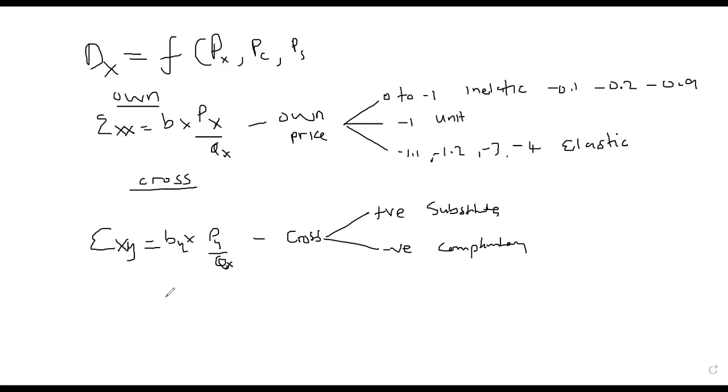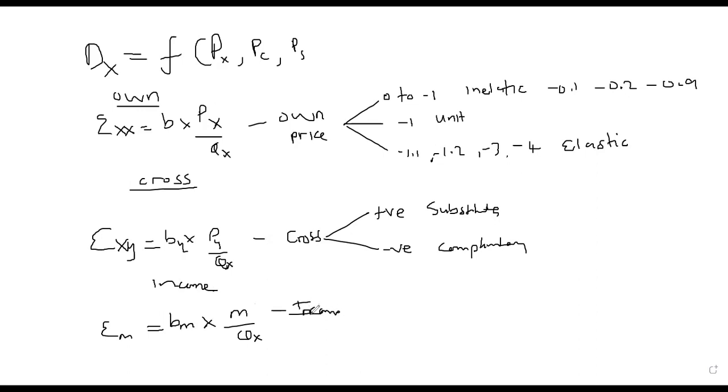Then we go to income. Income elasticity of what? Of M. This is a gradient for M times the income itself over the quantity of X. So this is called income elasticity.